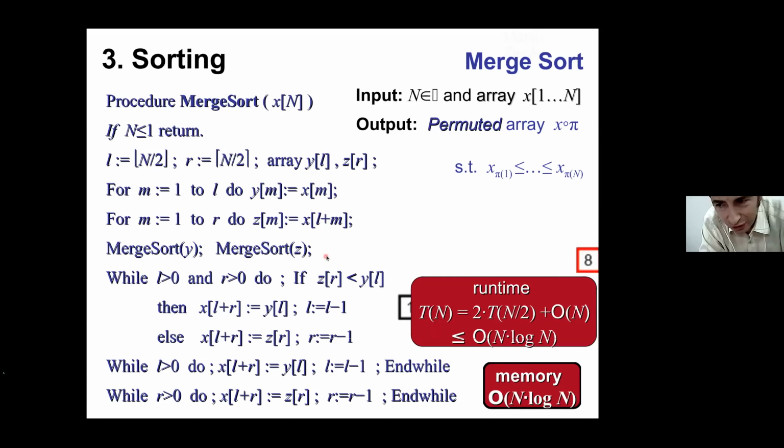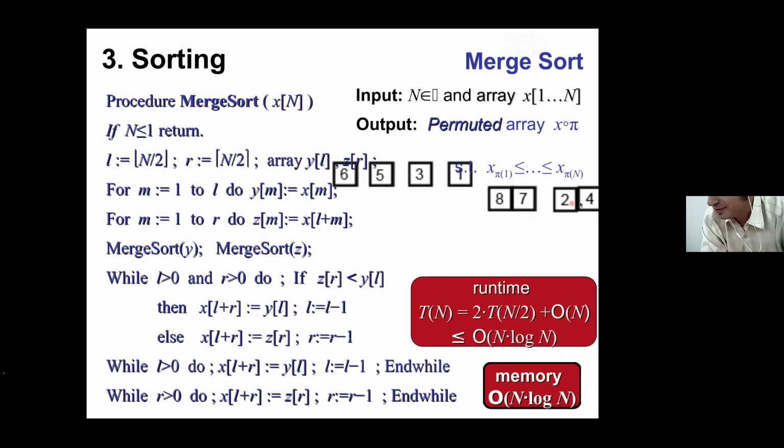You need y only here and you need z only here. And once this is finished, you can simply release it. So for example, now you divide it, and as long as you operate here, what happens here is completely irrelevant.